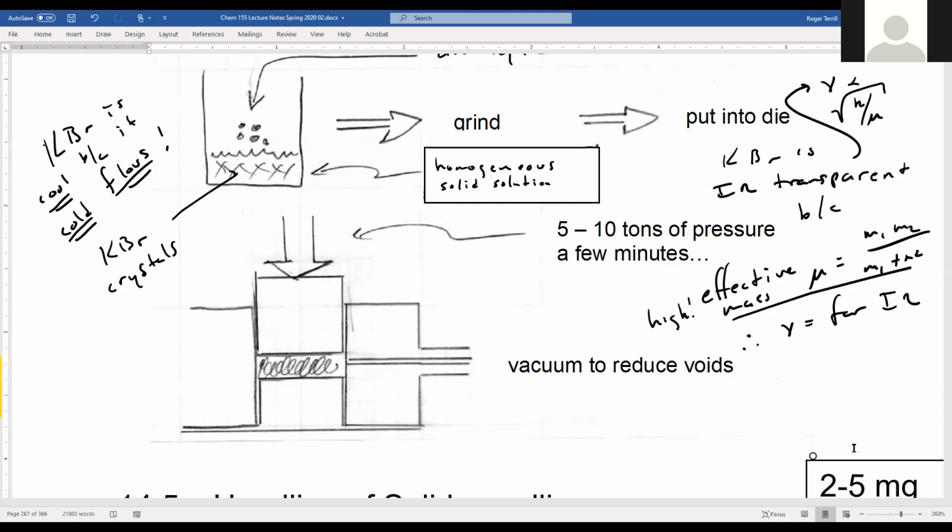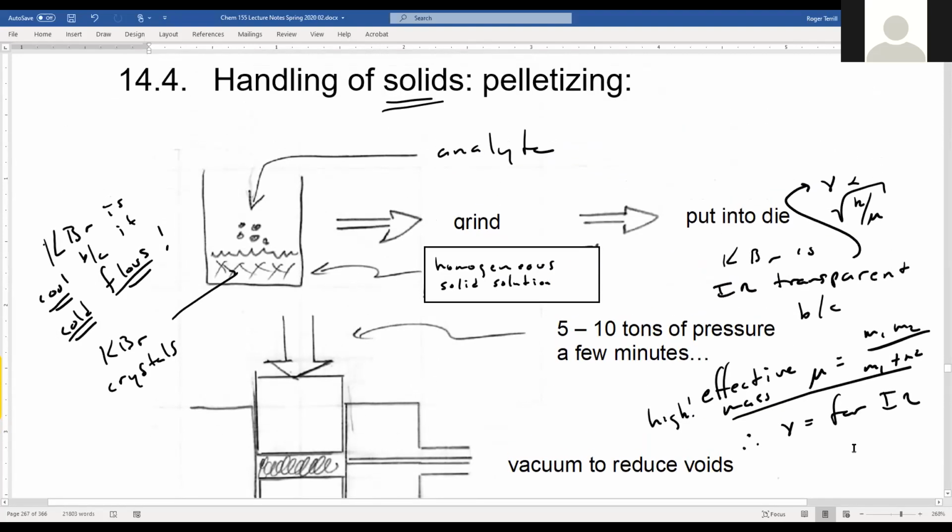Right? So in any case, it also cold flows, so you can mix your solid. You just use a few milligrams and make a millimeter or so. Take a few milligrams of sample, mix it up with KBr, and this is done in a mortar and pestle.